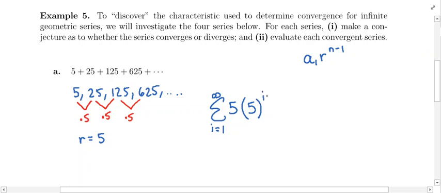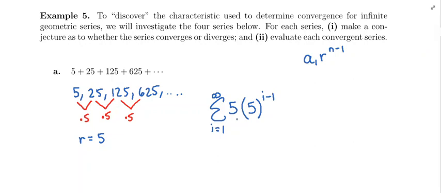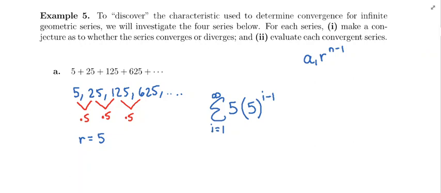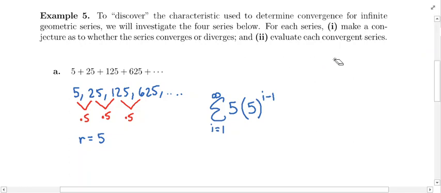But again, our index of summation here is i, so we're going to use an i instead of an n. Okay, this is how you can write this particular series in summation notation. If you plugged in some i values, you can see that this does generate the terms of the series accordingly.